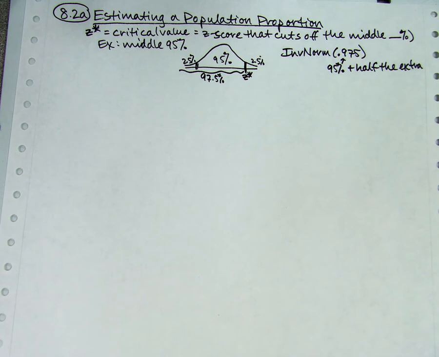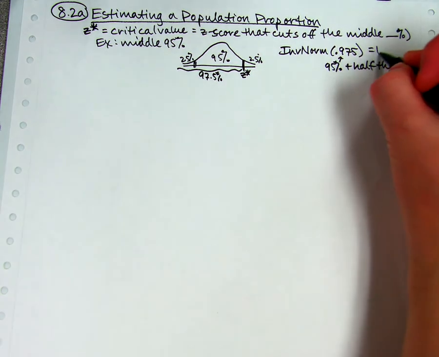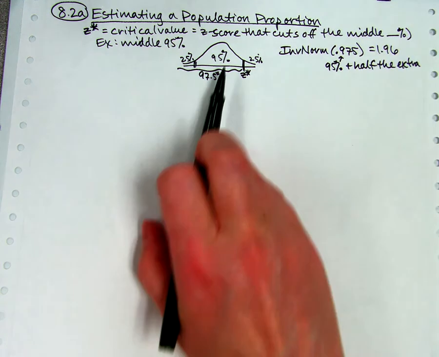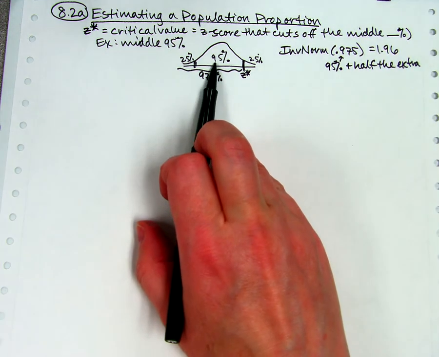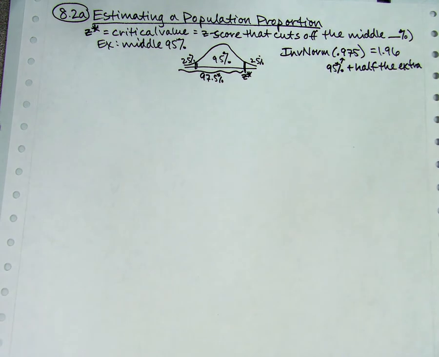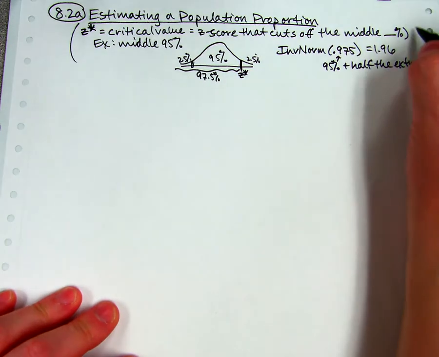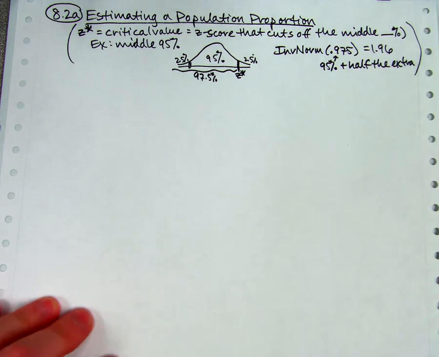It's better if you just know that it's half the extra. So you would do that and you would get 1.96. And then if you did it with a different number in the middle, like 90%, you'd get a different z-star and a different number of standard deviations to go for your margin of error. So that's kind of a backtrack to lesson 8.1 because I wanted to answer that question for somebody.